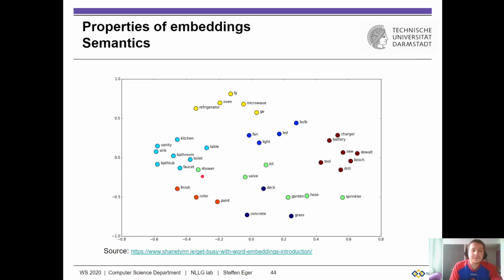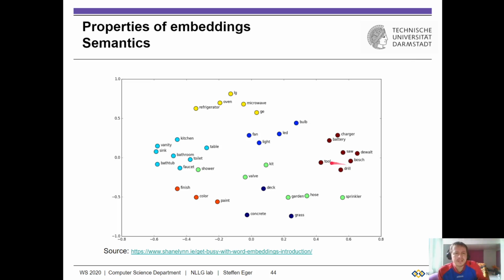And from a typical run of this word-to-vec model, we train this model on a big corpus for many epochs, and then we plot the vector representations in a vector space.